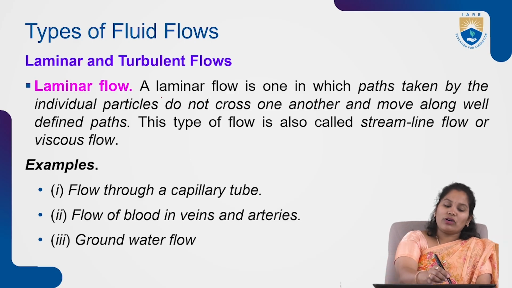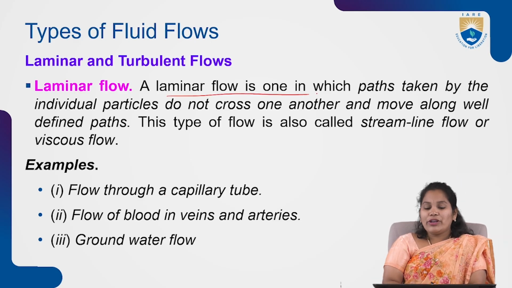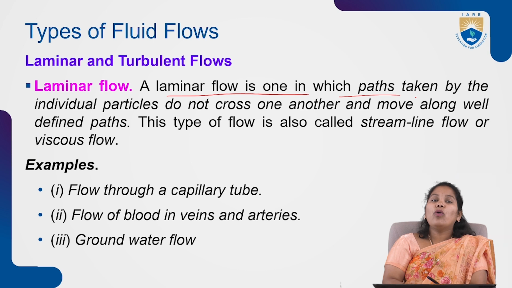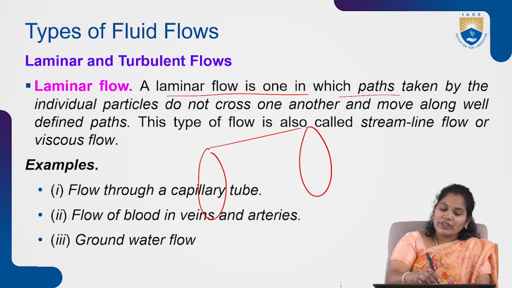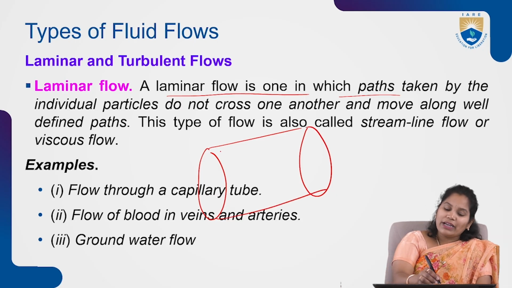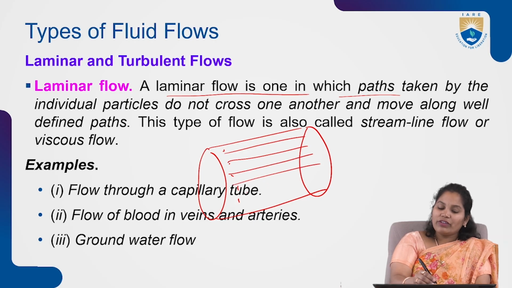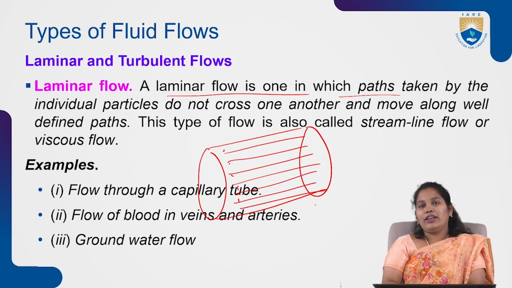All the particles in a laminar flow move in their own paths without disturbing the other particles. Let us take, if this is your pipe, these are the particles which are moving in their own paths without disturbing the other particles' paths.